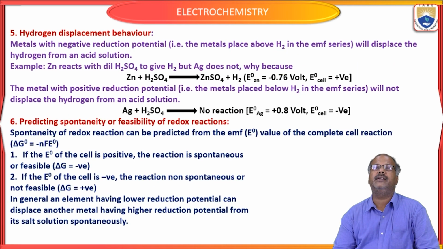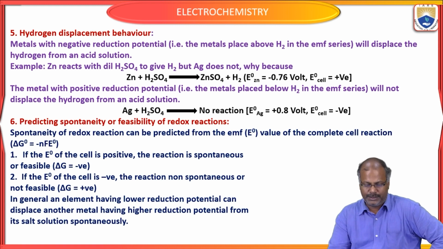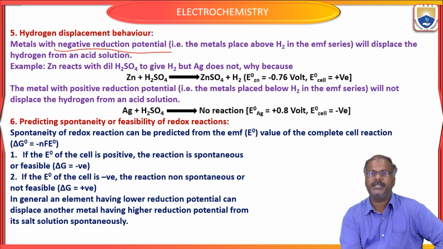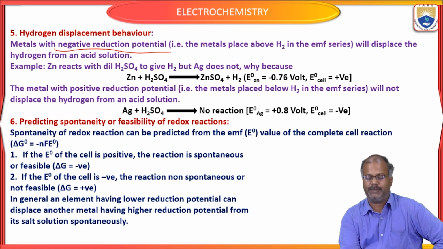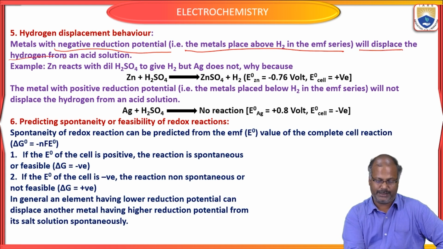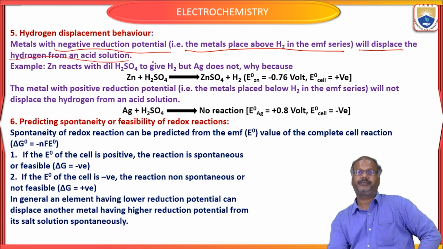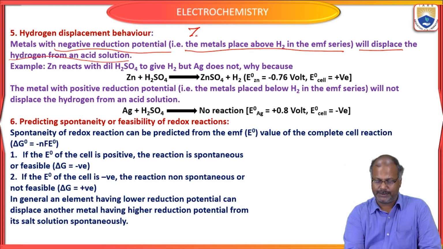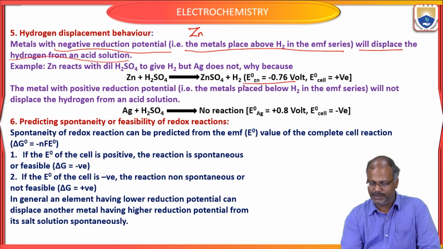Next, hydrogen displacement behavior. Metals with negative reduction potential, that is metals above hydrogen in the EMF series, will displace hydrogen from an acid solution. For example, zinc has minus 0.76 volts.